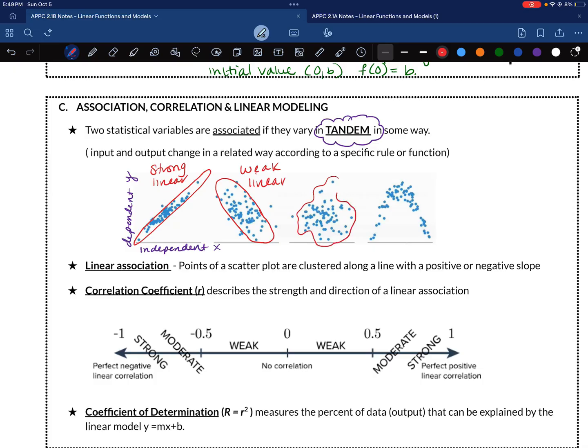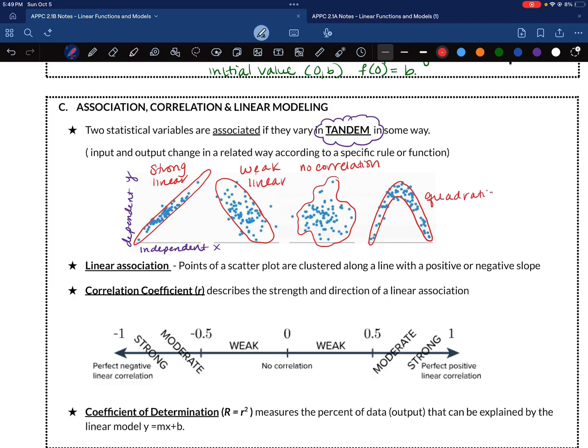I would definitely not characterize these dots as falling into any kind of line shape. I would say that these have no correlation. I don't see any predictable pattern where as x changes, y changes in a way that I can really predict it.